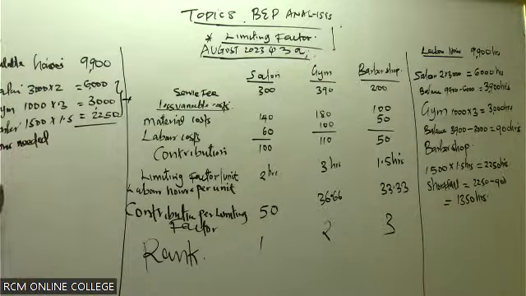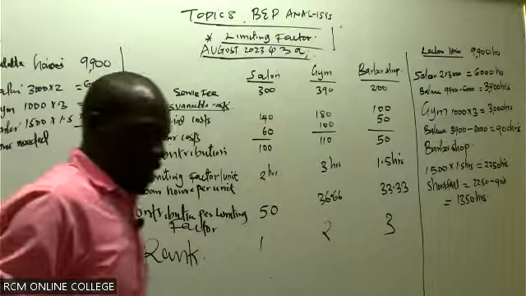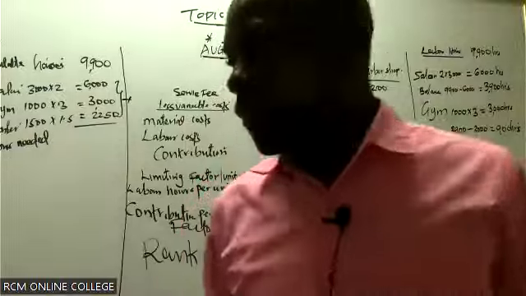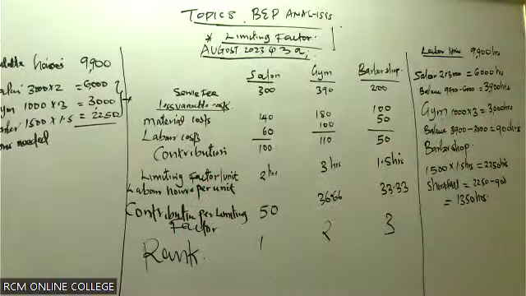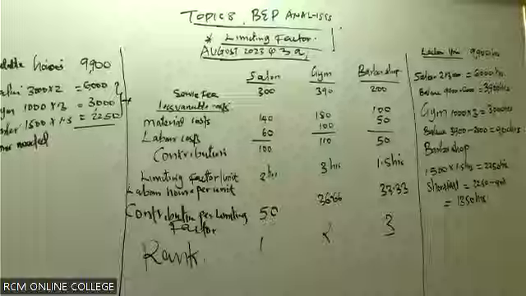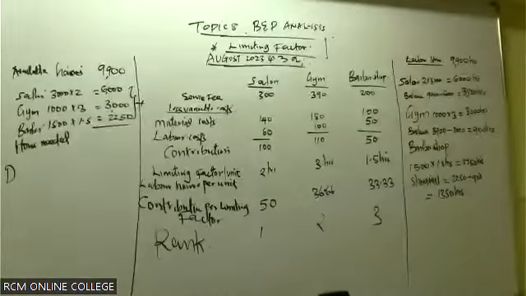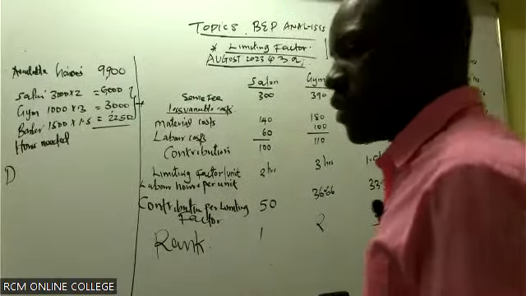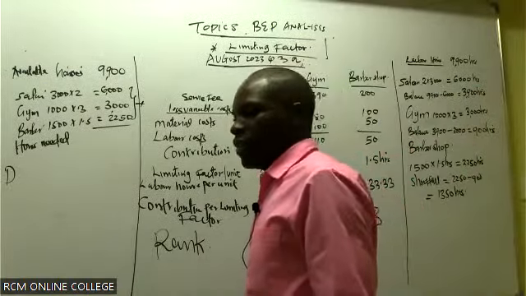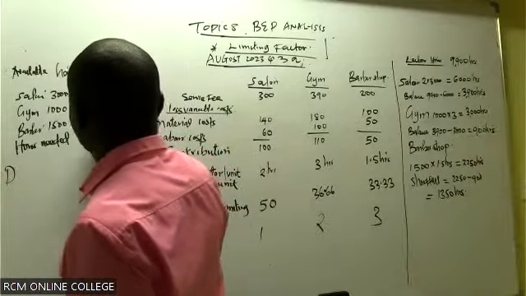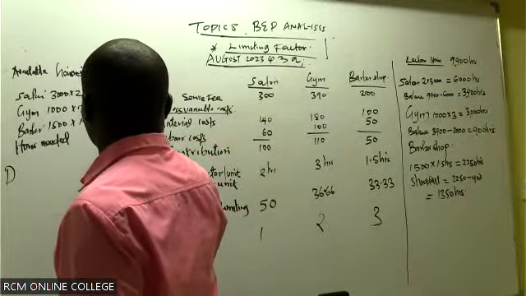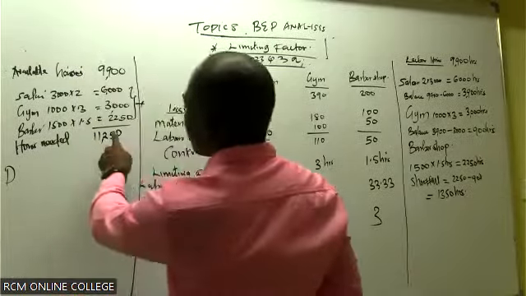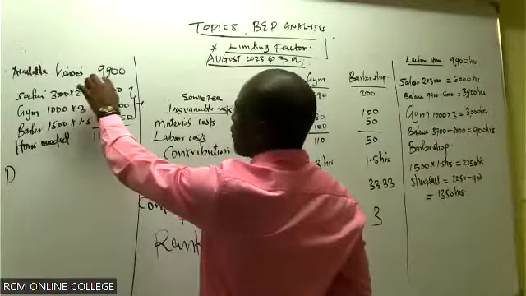Hours needed, then you give us deficit or surplus. If you add everything tutakuwa na ngapi? 11,250. 11,250 is what you need, but you only have 9,900.